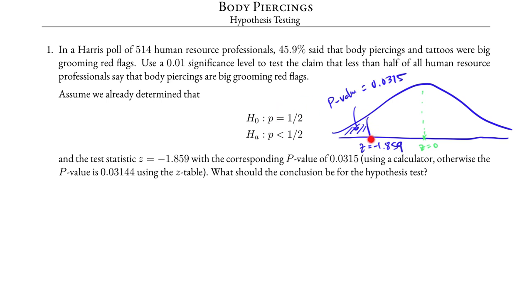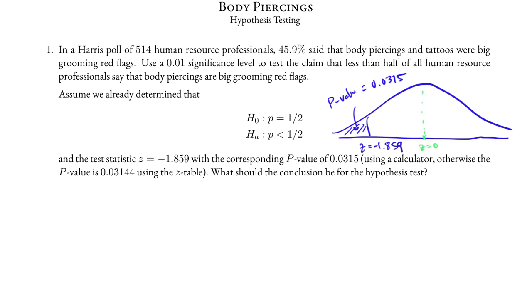Recall that this z corresponds to the sample proportion 0.459. So the smaller the p-value, the further away from the center. This means the smaller the p-value, the stronger the evidence against the null hypothesis. We say that the smaller the p-value, the more significant the test is.